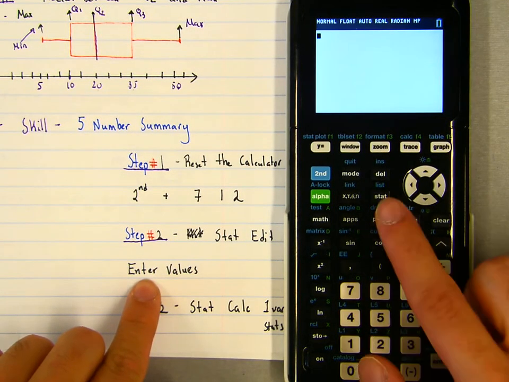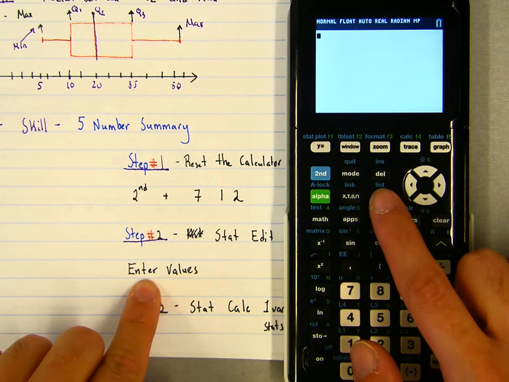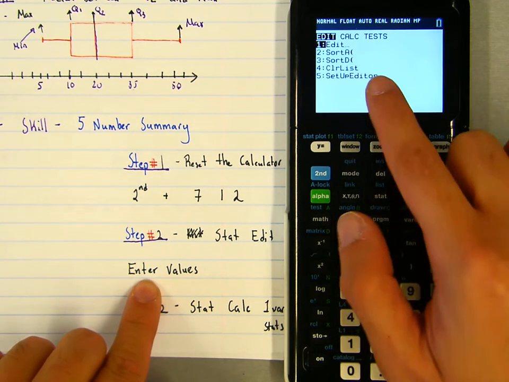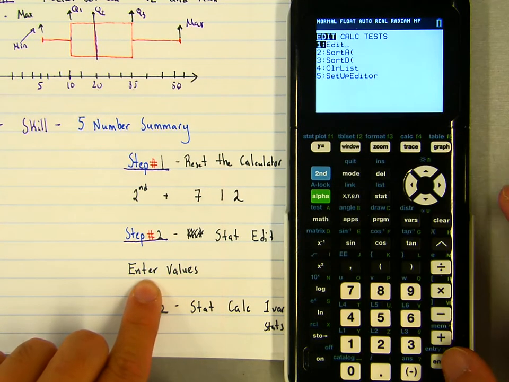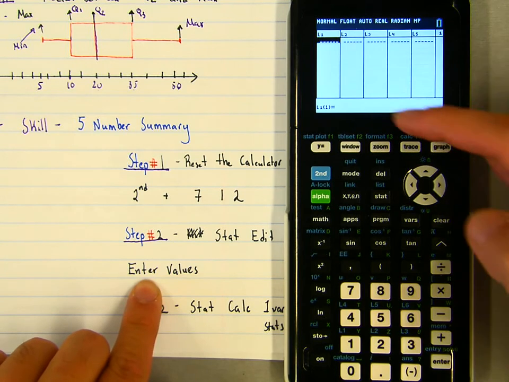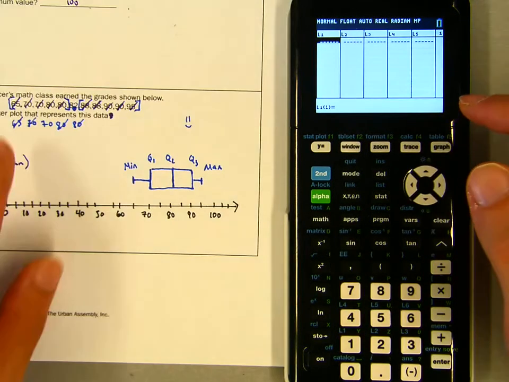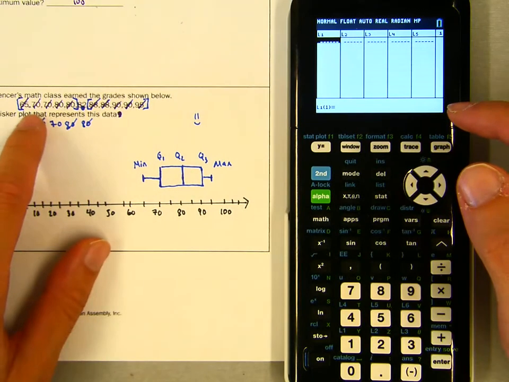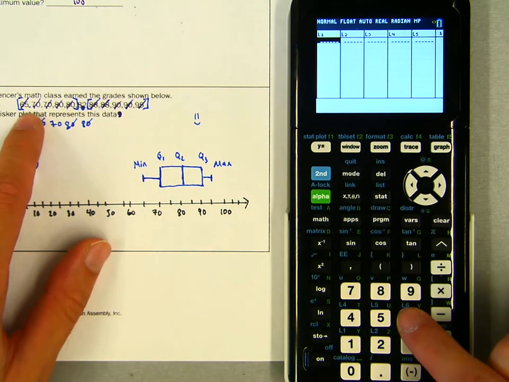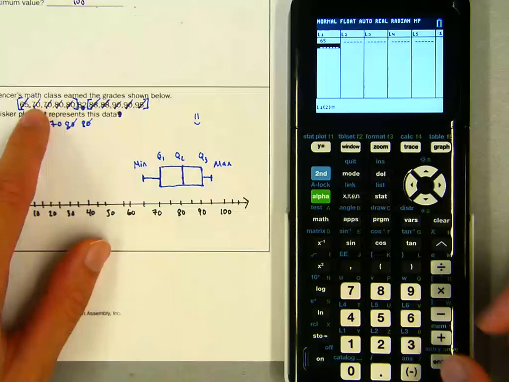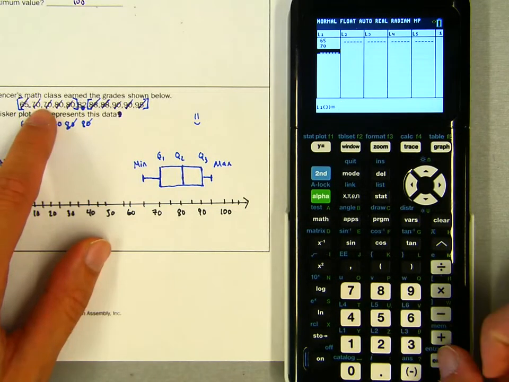What you do is you hit the stat button. I hit stat, and then when I go to edit, I just hit enter. Now here under L1, we're going to put in these data values. What were the data values? There was 65, enter. 70, enter.